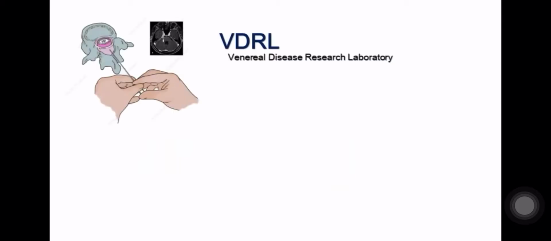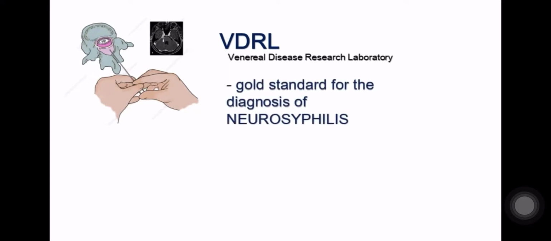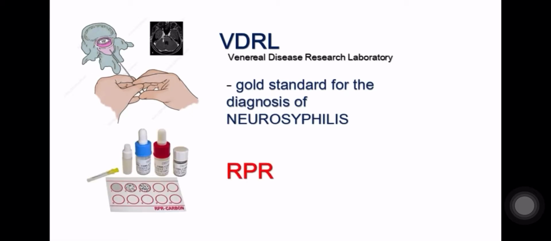Now, VDRL tests may also be performed on CSF samples. It has long been considered the best serological test for the diagnosis of neurosyphilis. Again, VDRL is the gold standard for the diagnosis of neurosyphilis. We also have the rapid plasma reagin. This test is easier to perform, but its appropriateness for use on CSF is controversial.